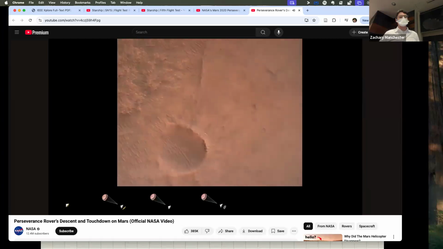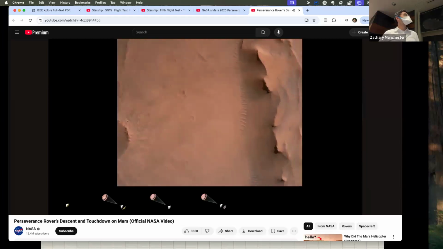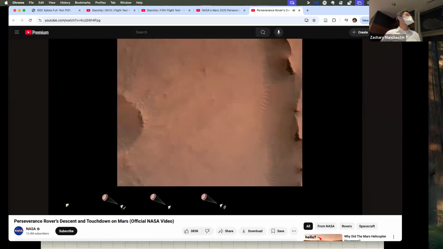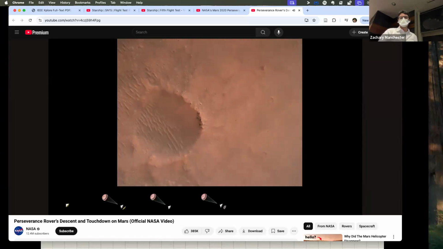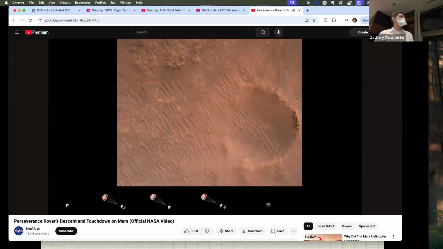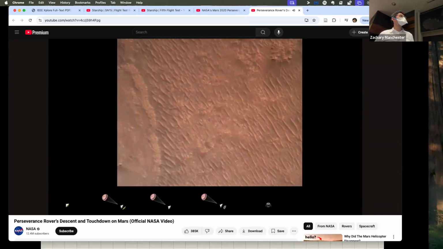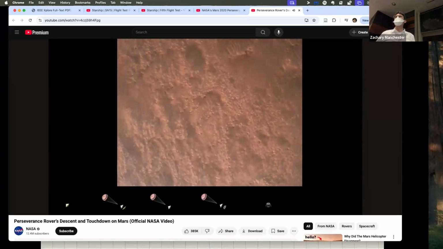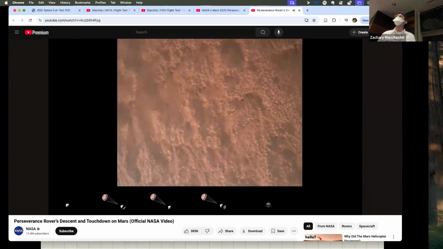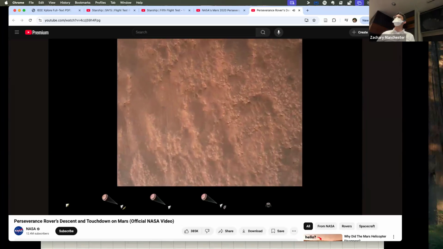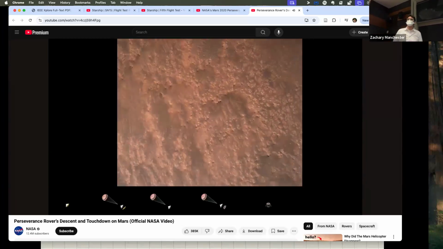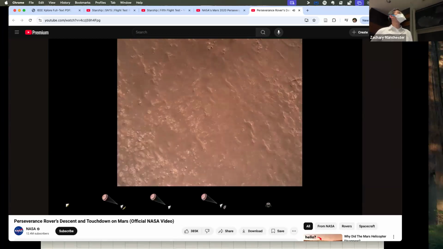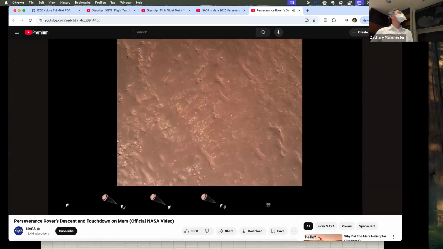Current velocity is 83 meters per second at about 2.6 kilometers from the surface of Mars. The confirmation that the backshell has separated. We are currently performing the divert maneuver. Current velocity is about 75 meters per second at an altitude of about a kilometer off the surface of Mars. Our terrain relative navigation has started up. Current speed is about 30 meters per second, altitude of about 300 meters off the surface of Mars.